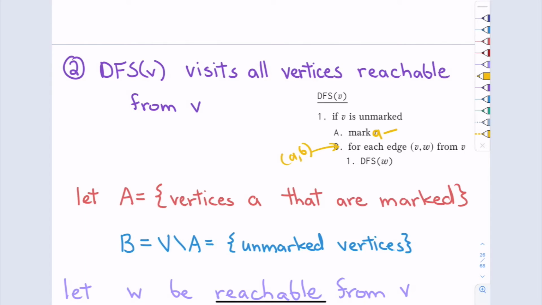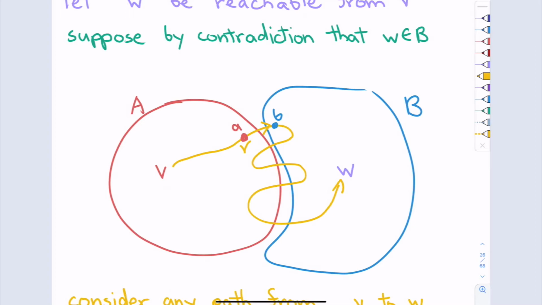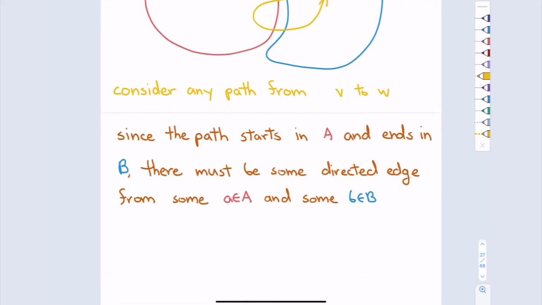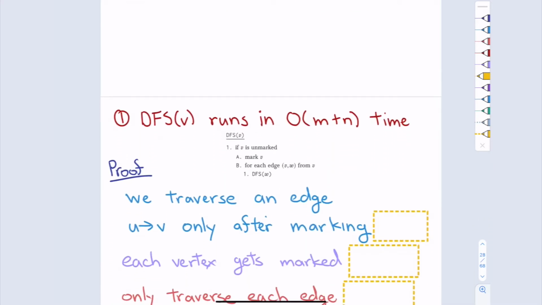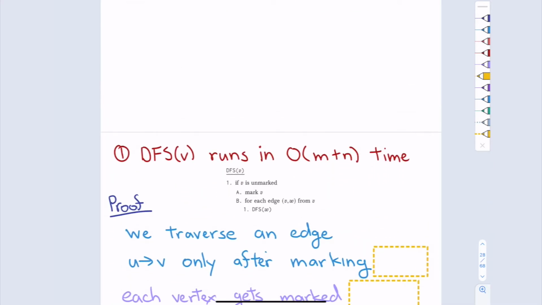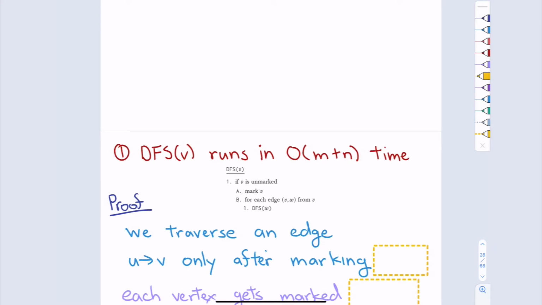We know AB exists from that path. So that's impossible. Once A is marked, it's going to search all the edges as well. That would contradict this setup. Okay, whatever. That's a proof. Maybe only confirms common sense.